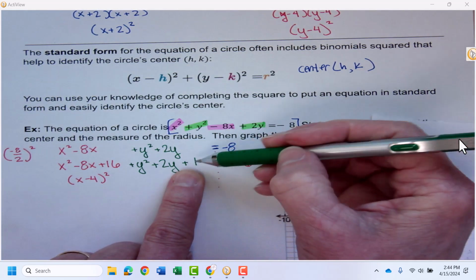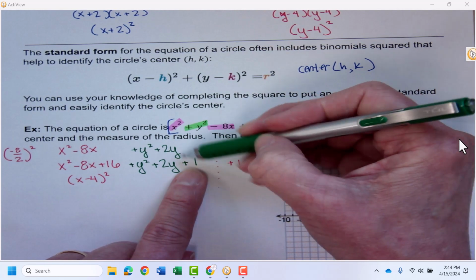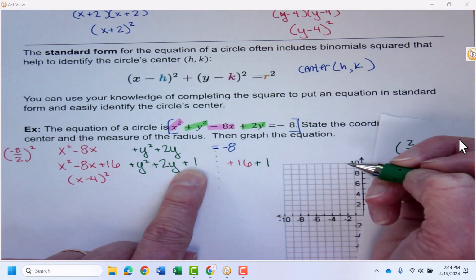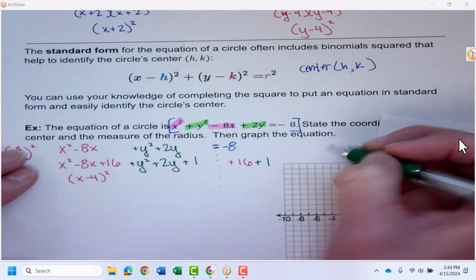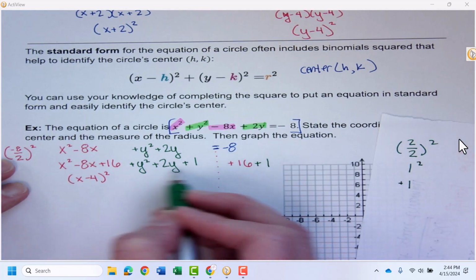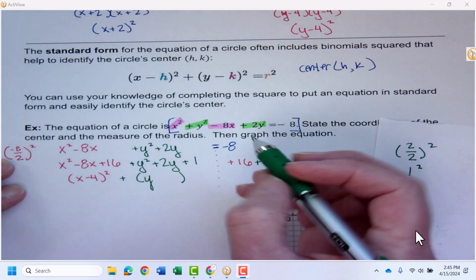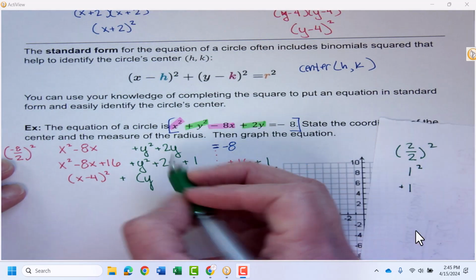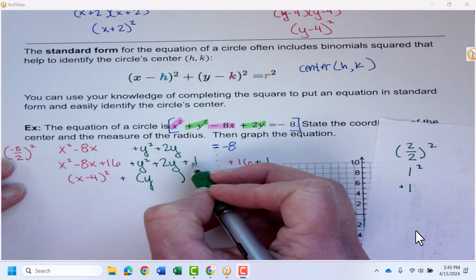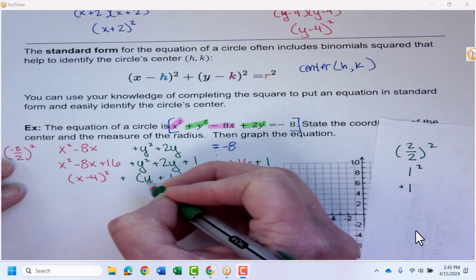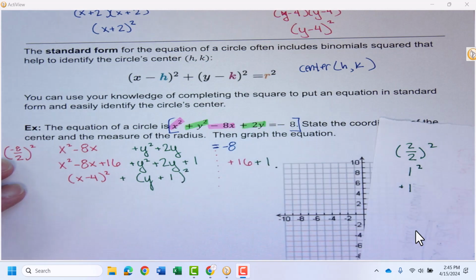Just like I did before, I added 1 to the left side of the equation, so I better add it to the right side as well. And now I can write this as a binomial squared. Two numbers that multiply together to give me 1 and add together to give me 2: 1 and 1, so that's y plus 1 squared.